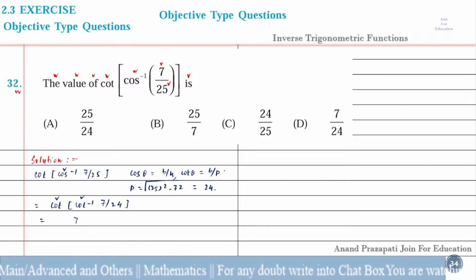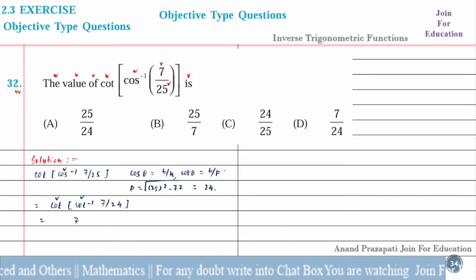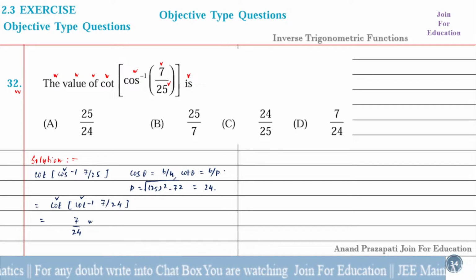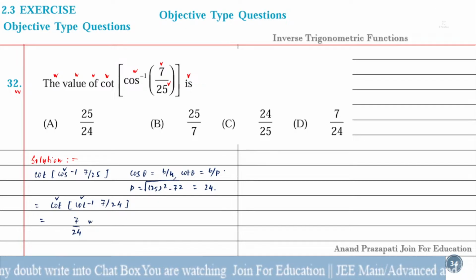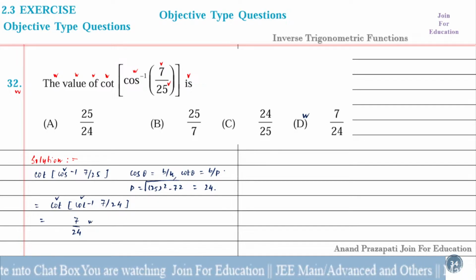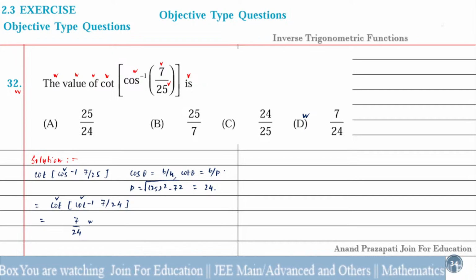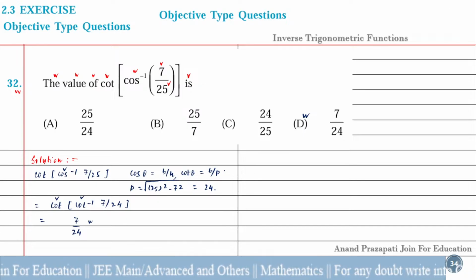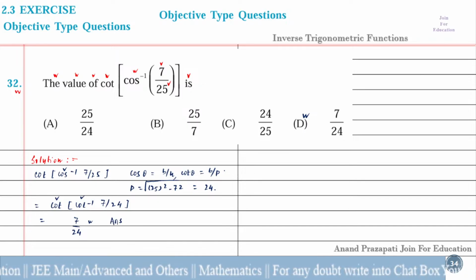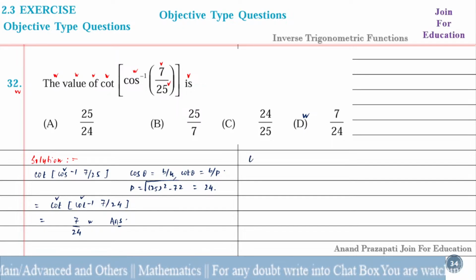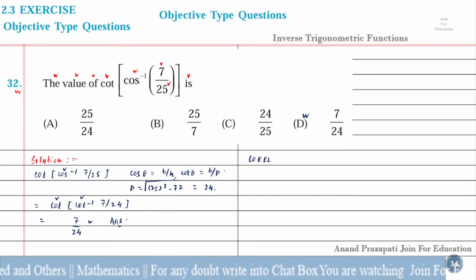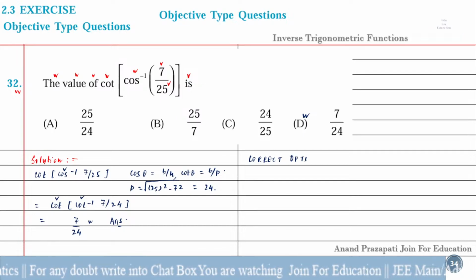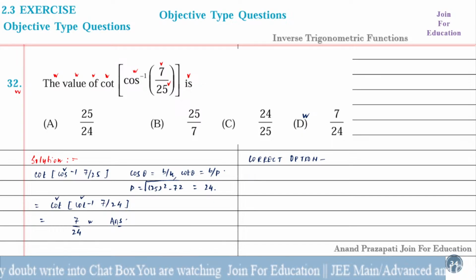So we write down here 7 by 24. 7 by 24 is in option D. So the correct option of this question will be D, and 7 by 24 will be the answer of this question. So we write down here correct option D.